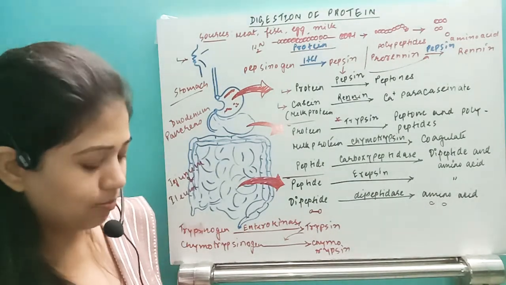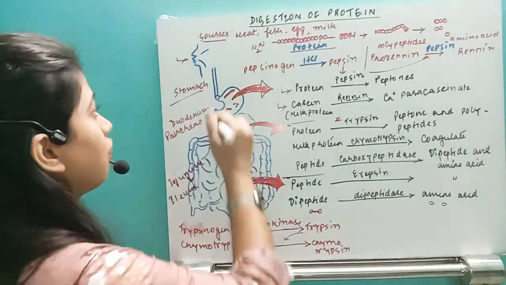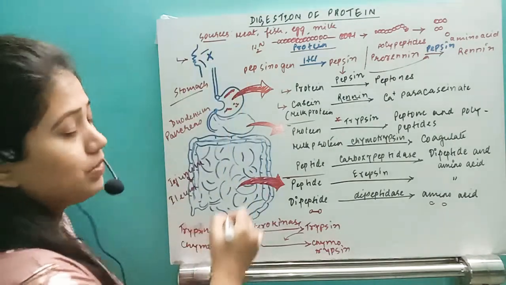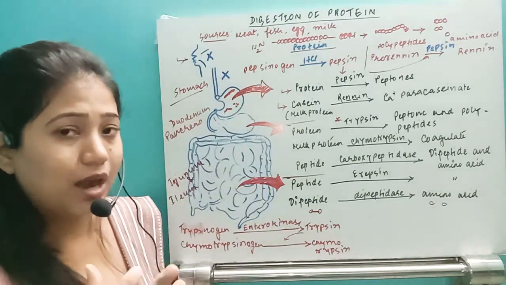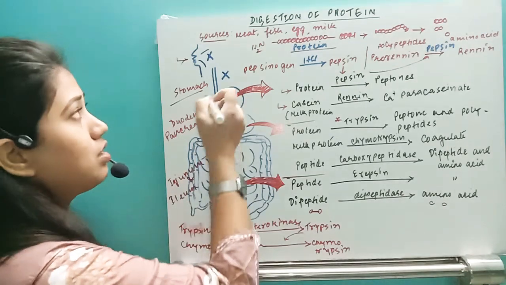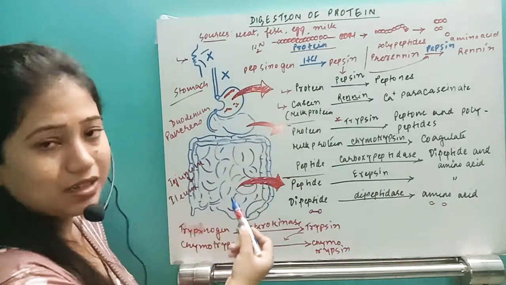Remember one thing, that protein digestion will never occur in the region of the buccal cavity and the esophagus. Carbohydrate digestion will occur in the buccal cavity, esophagus, then in the intestine.